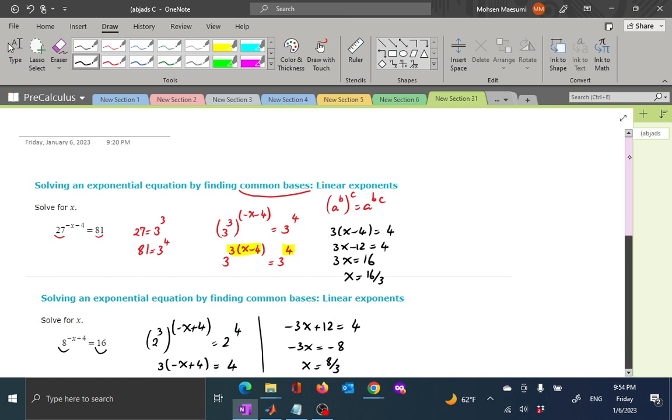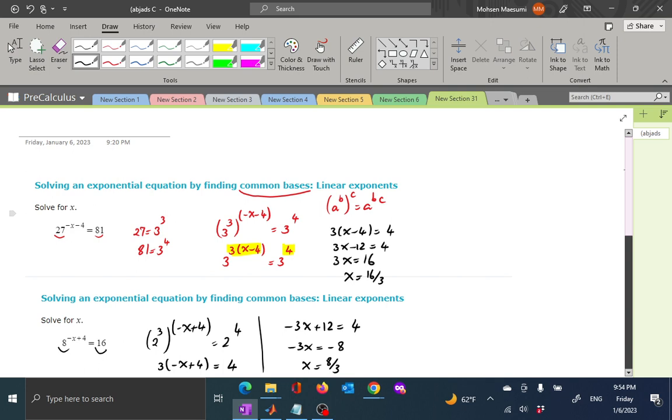So what did we learn? Solving certain exponential equations. If the bases on the two sides have a common base, then we get a problem that can be done by this technique here.